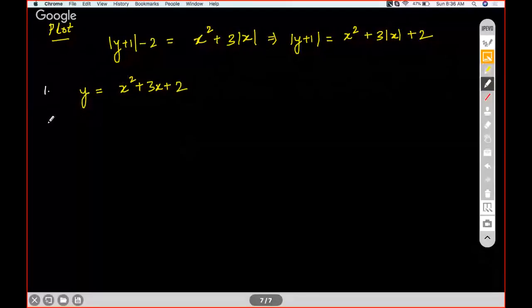Yeah. Okay. So it'll give you x square plus 3 mod x plus 2. Then you do the reflection, and then you do the mod of y. You would basically just reflect whatever's on the positive side of the y-axis about the x-axis.